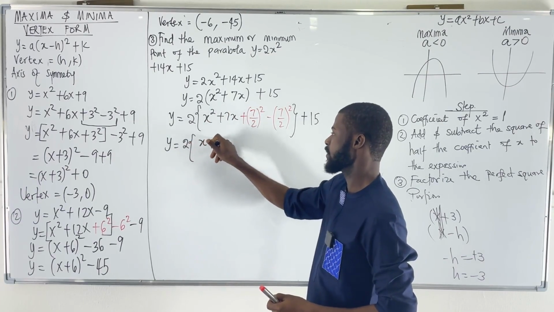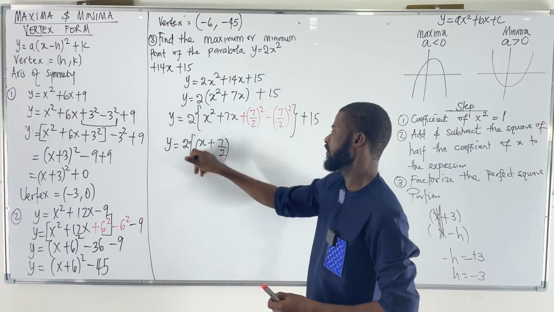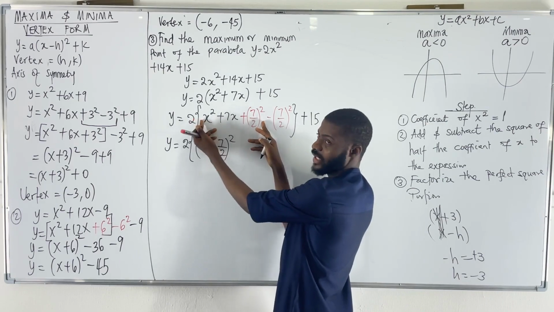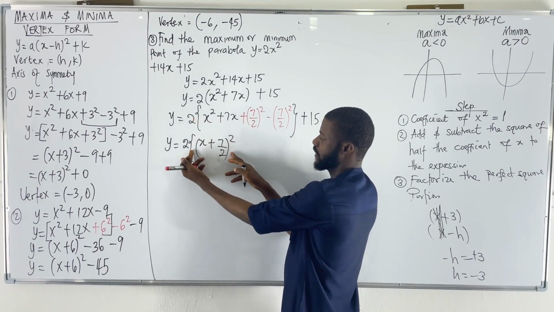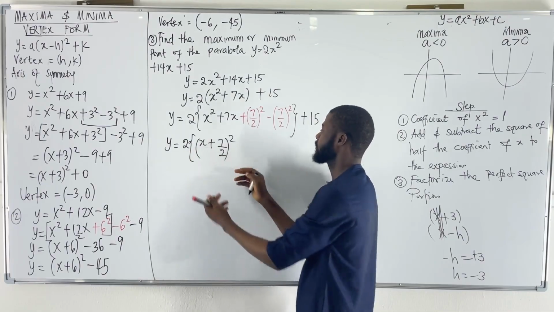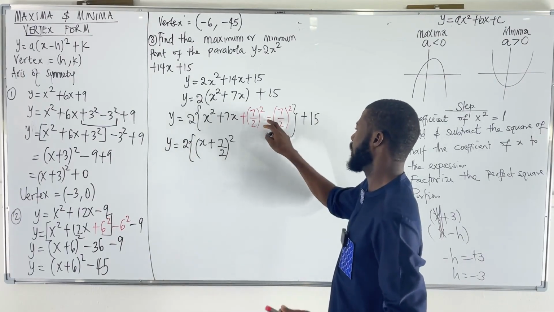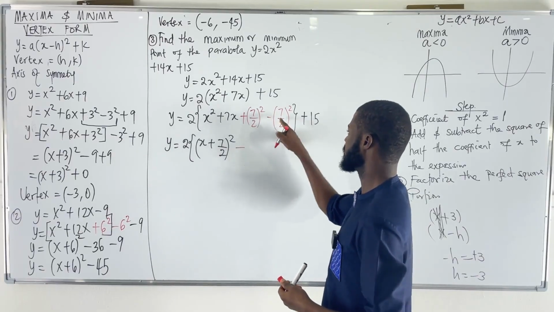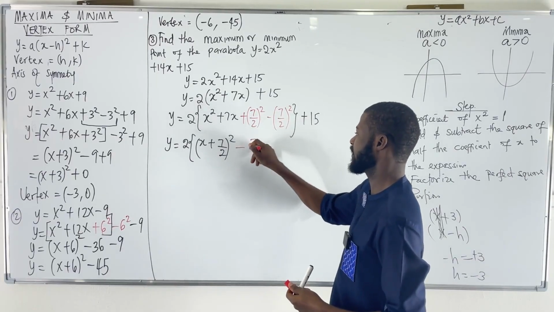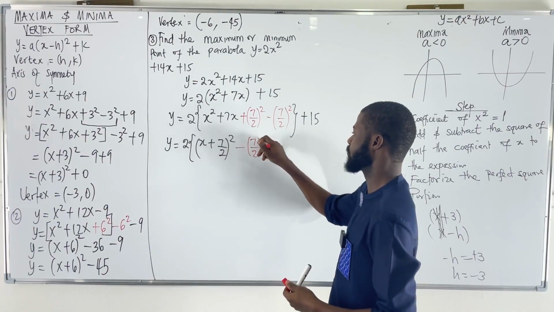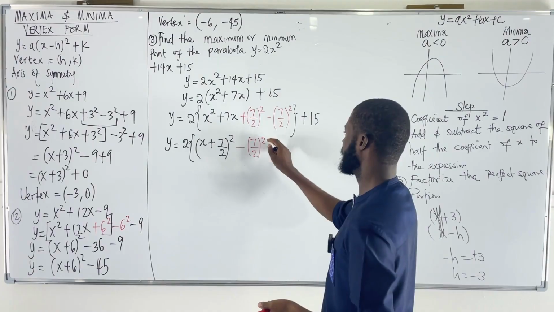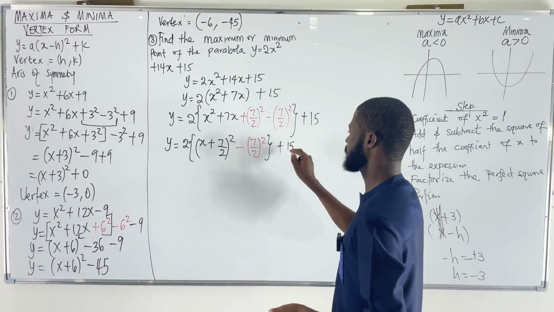So this is x plus 7 over 2, everything all squared. And then I'm going to write my minus 7 over 2 all squared, because I've not yet dealt with that one. I could expand this one, but let me leave it like that first. Then close that bracket, plus 15.